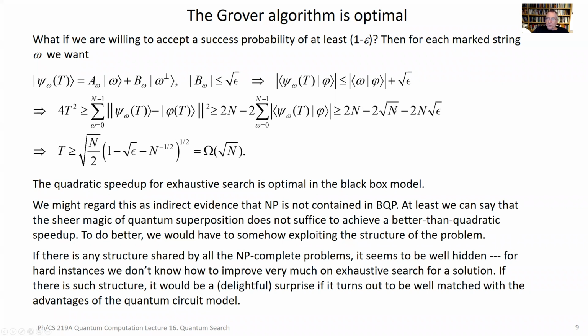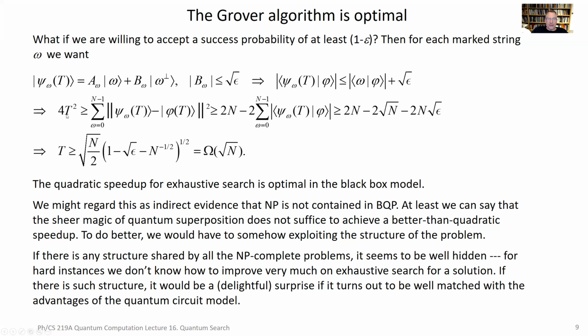Well, as before, the square root of N is negligible compared to capital N when N is really big. But the epsilon also comes multiplied by capital N. So what we conclude for the number of queries, if the probability of success is at least 1 minus epsilon for each possible choice of the marked state, is square root of N over 2, what we had before, negligible correction when N is very big, but now 1 minus square root of epsilon.